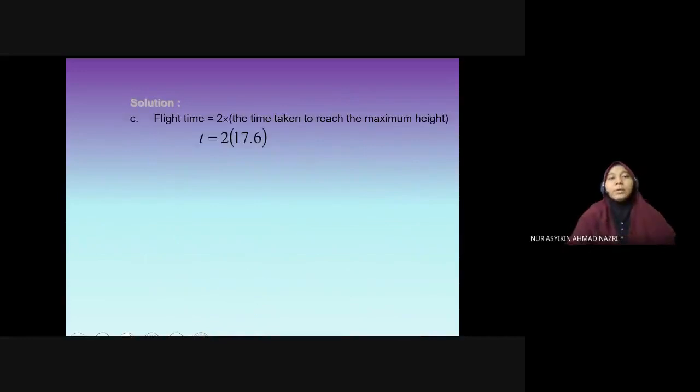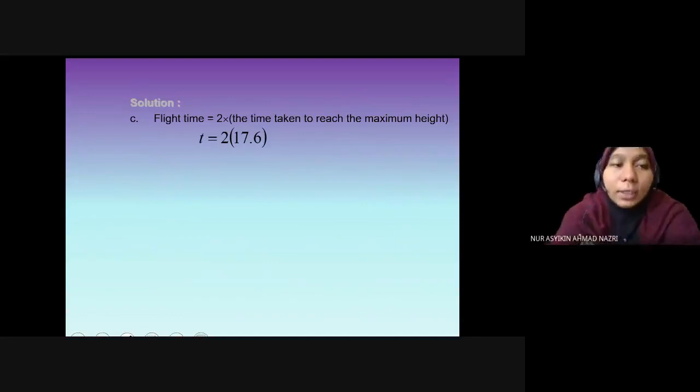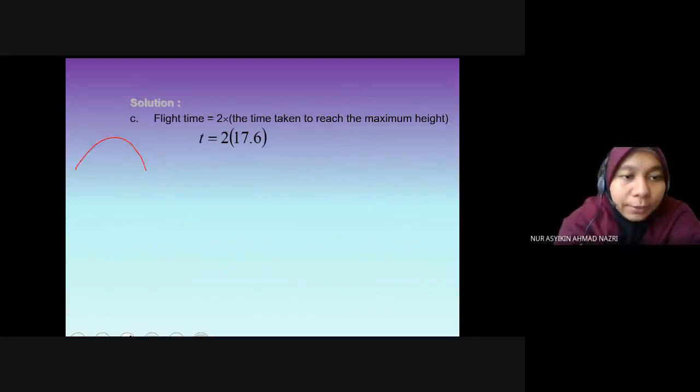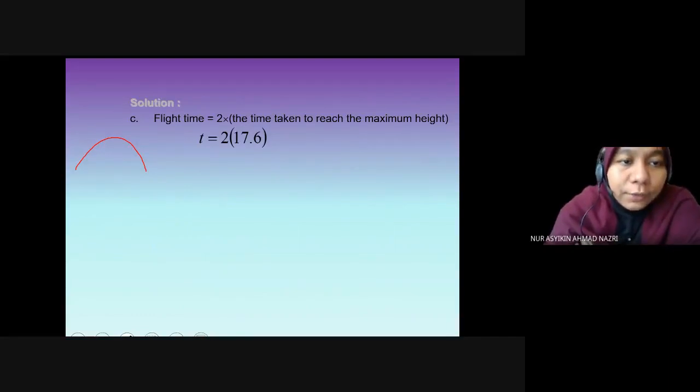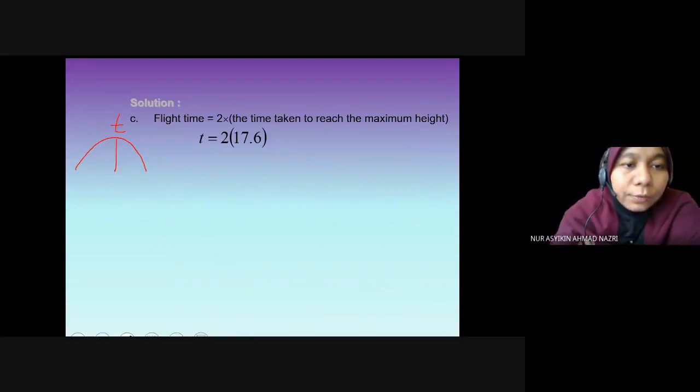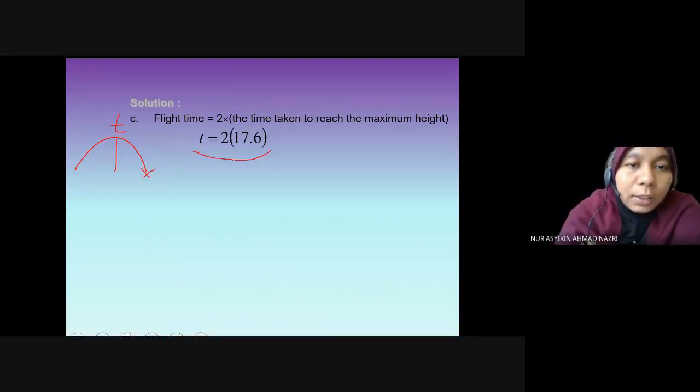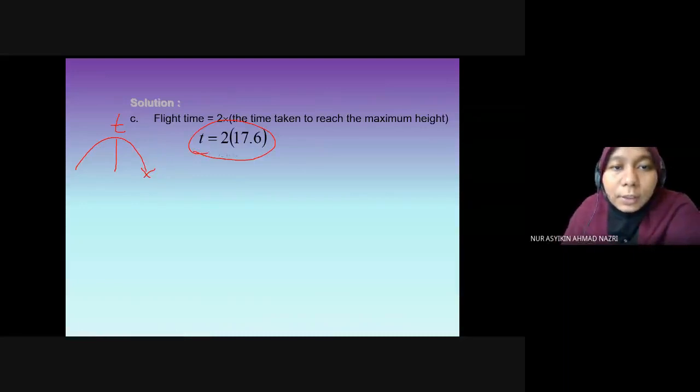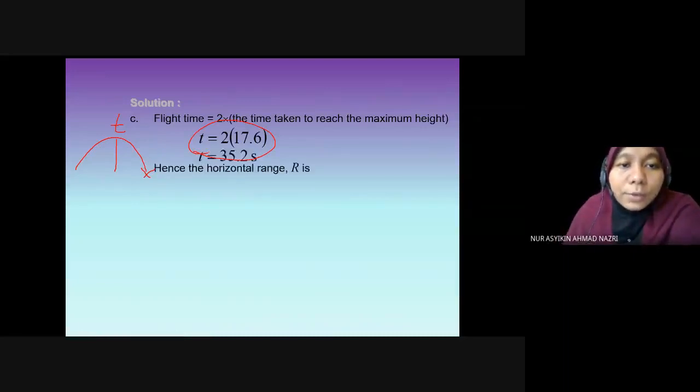You see horizontal range. So here, okay, macam saya cakap tadi, time that relates your punya X and Y. So tadi you have information on berapa sampai sini. So to find time untuk dia turun bawah balik adalah kali 2 dia. Okay, understand class? Alright, so kali 2 dia.